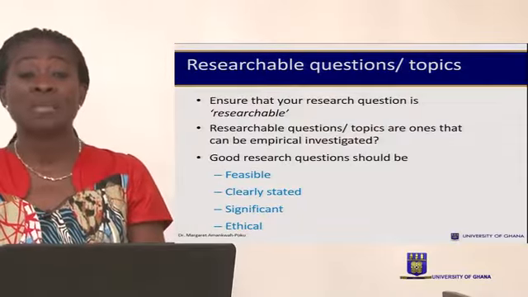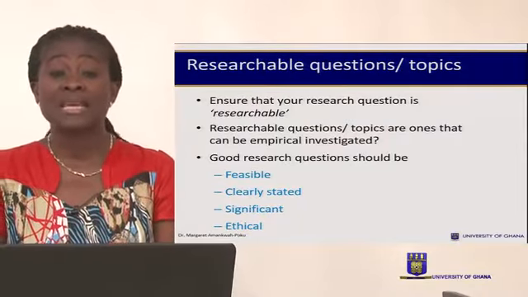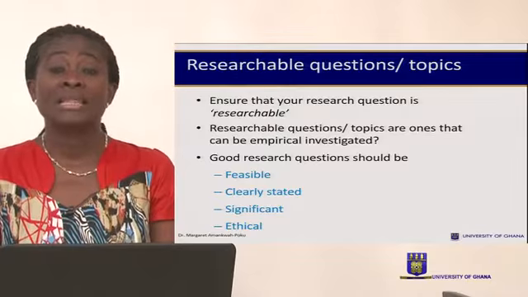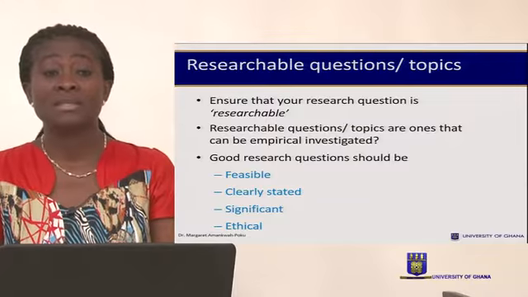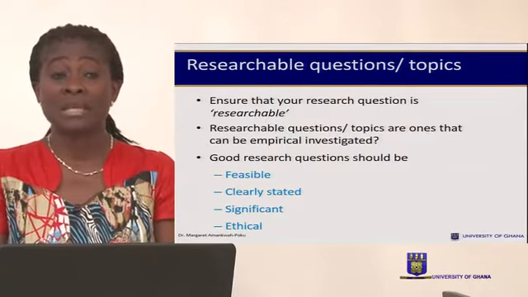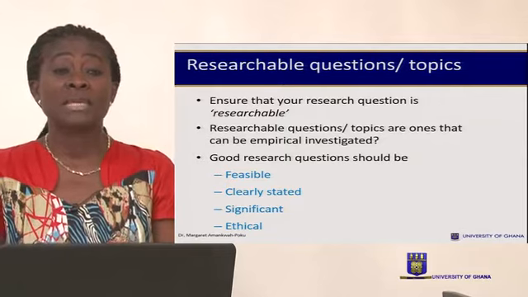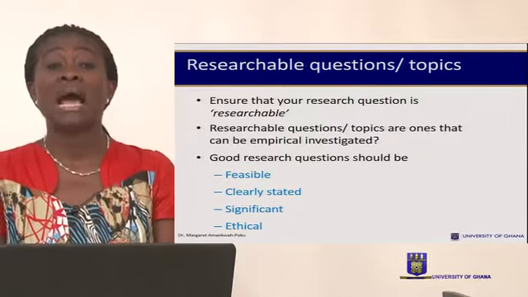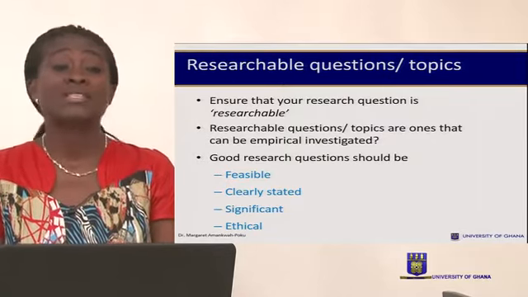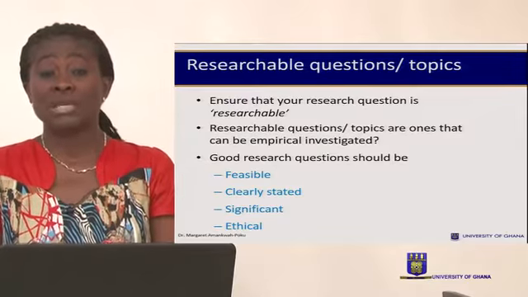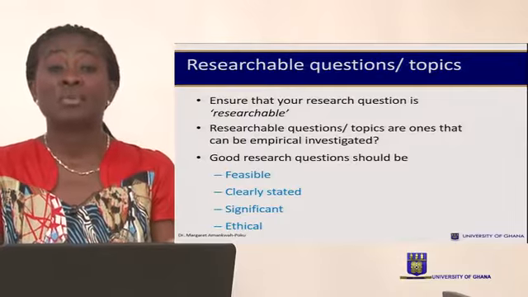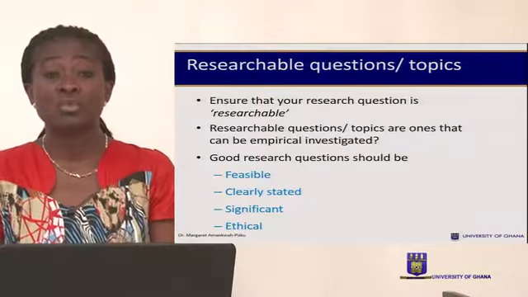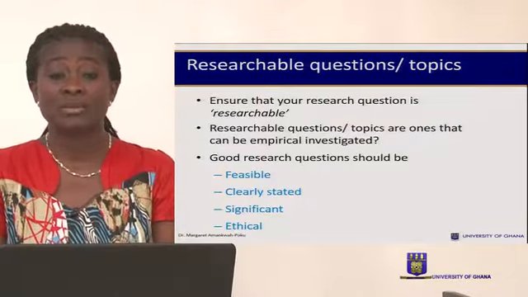So for example, talking about conducting an ethical research, if you want to look at the effect of divorce on children of the divorcees, you cannot conduct an experiment, because you cannot get people to say we are getting divorced and we want to see how it will affect our children. That is not ethical. So you would not use an experimental method in this kind of research. You would rather use maybe a survey and then give out questionnaires to people who have been divorced or their children to assess the impact it's had on them.